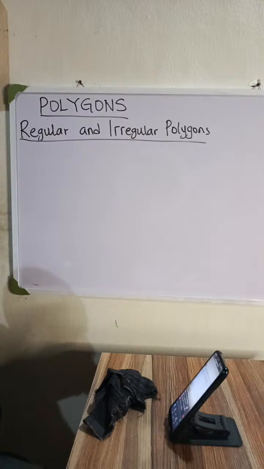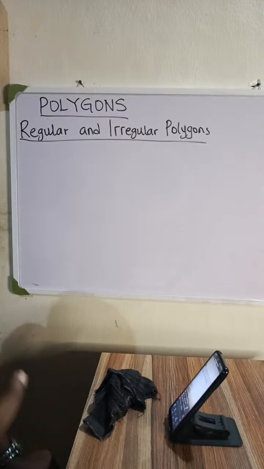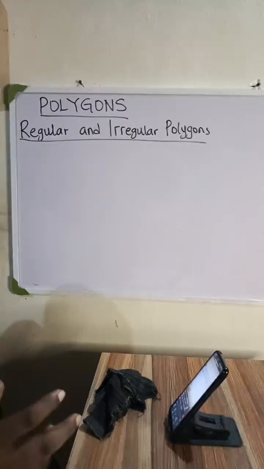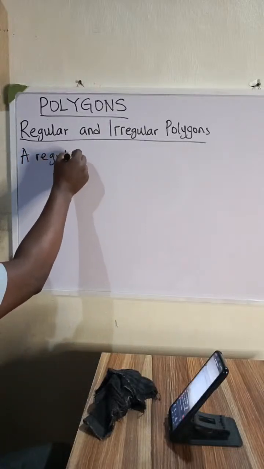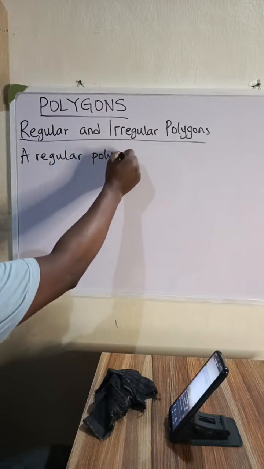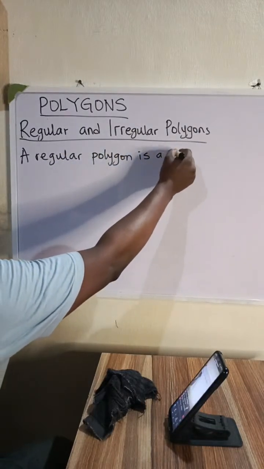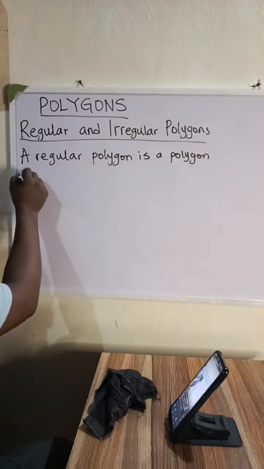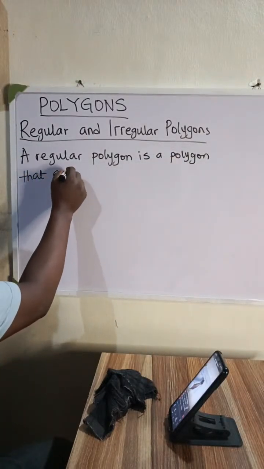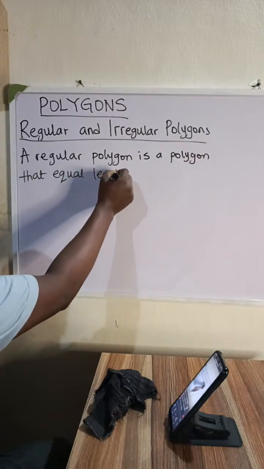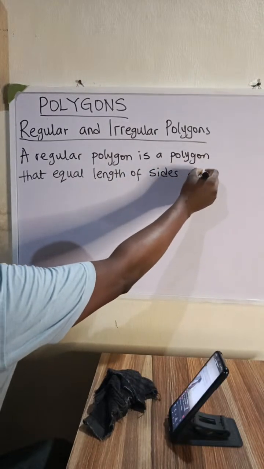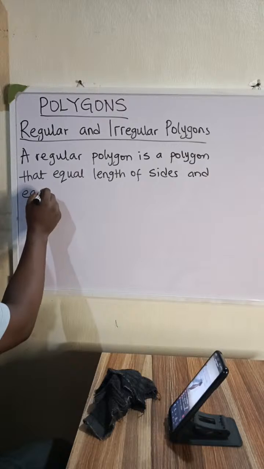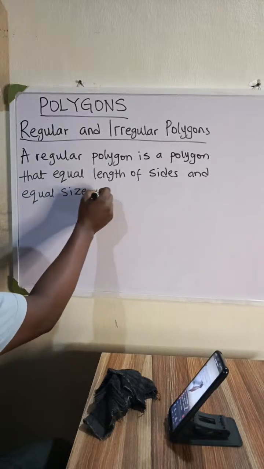A regular polygon is a polygon that has equal length of sides and equal size of angles.